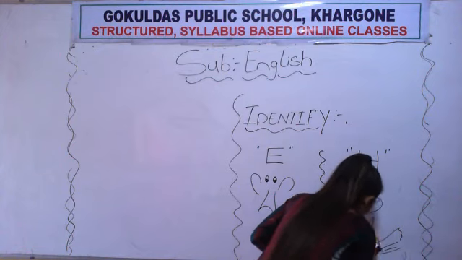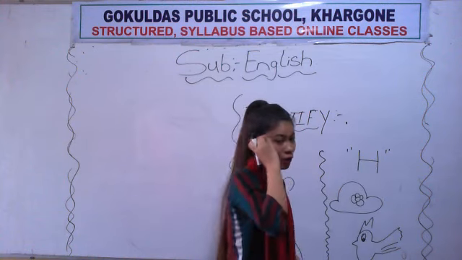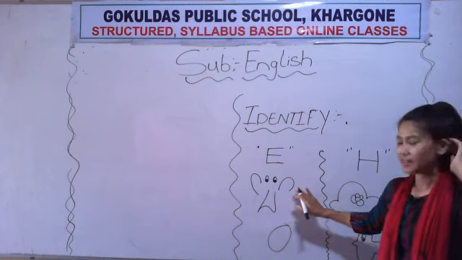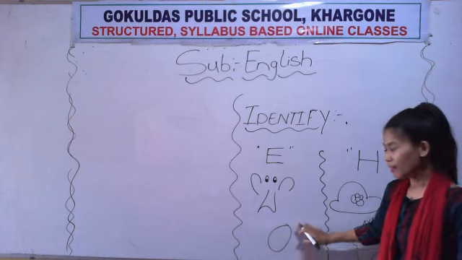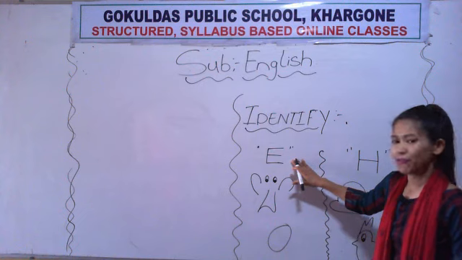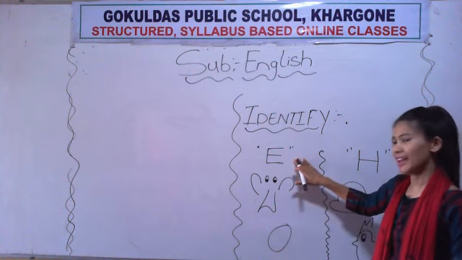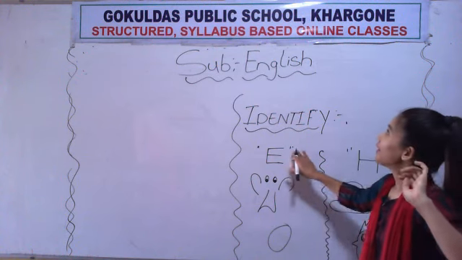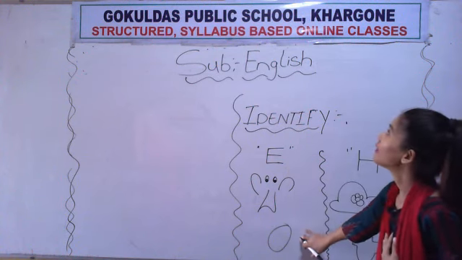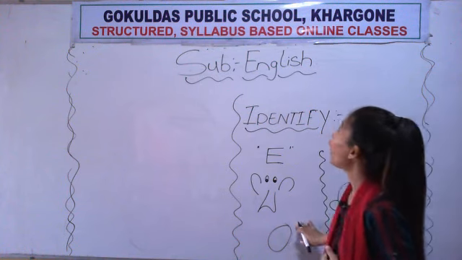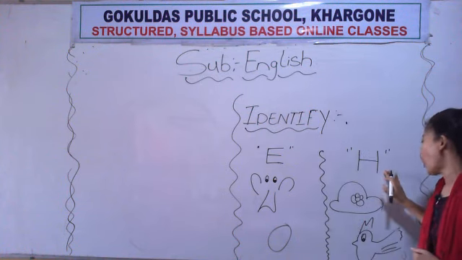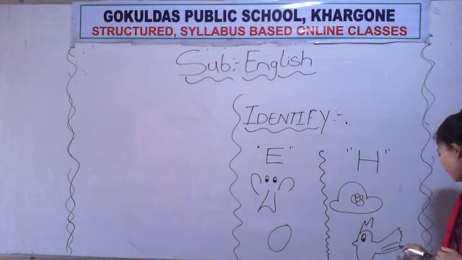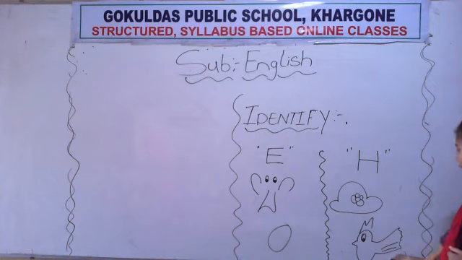H for hand. See. E for elephant, E for egg. Repeat after me. E for elephant, E for egg. H for hen, H for hen.